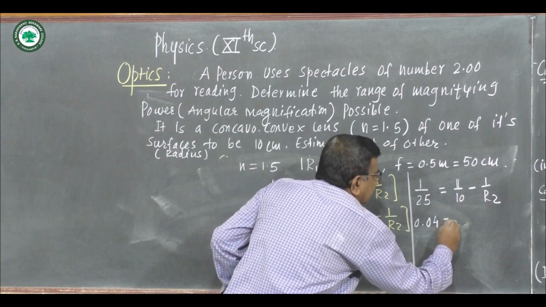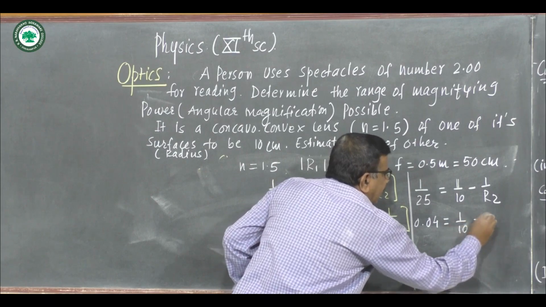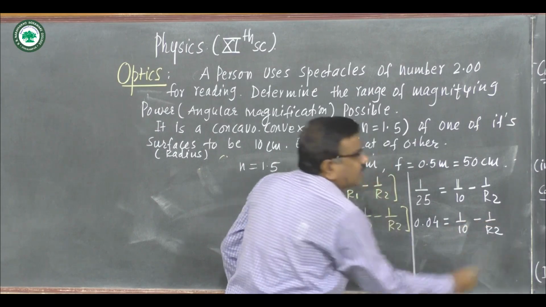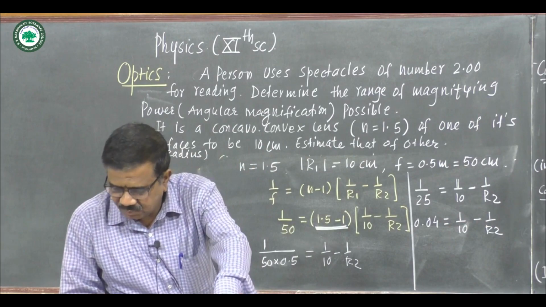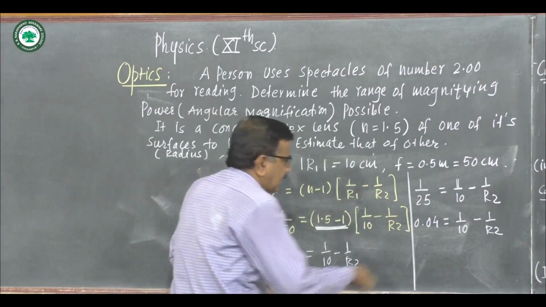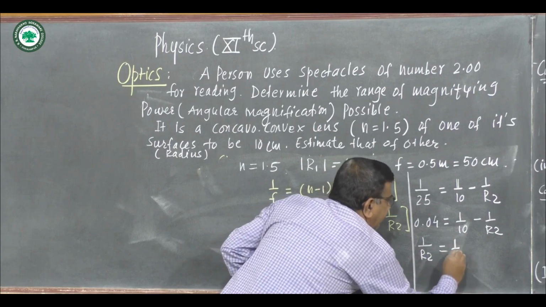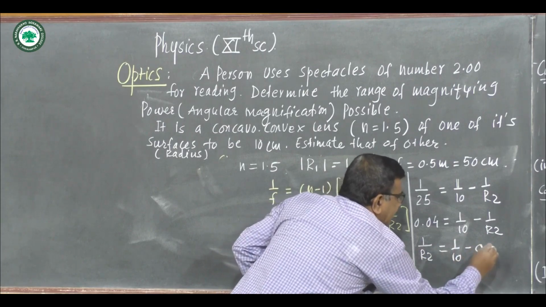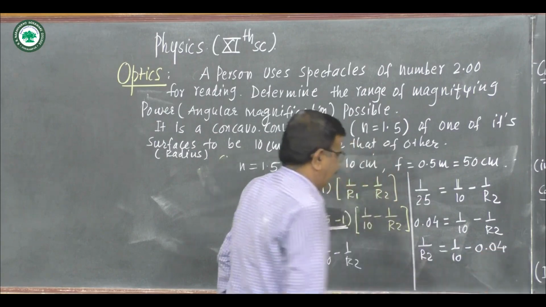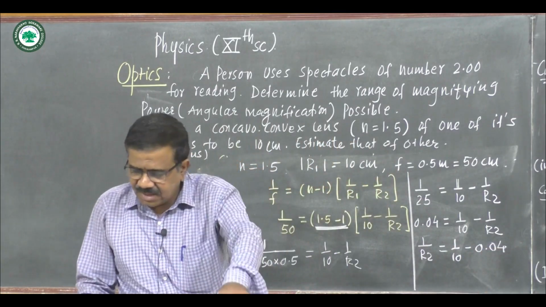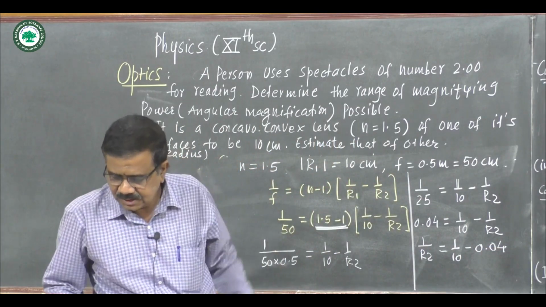Very simple part. Therefore 1 upon R2 is 1 upon 10 minus 0.04.